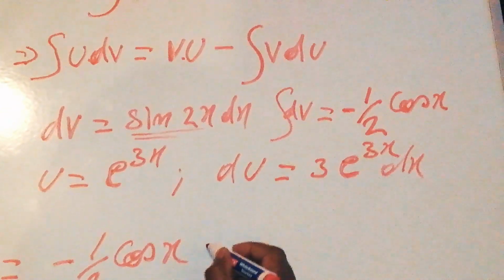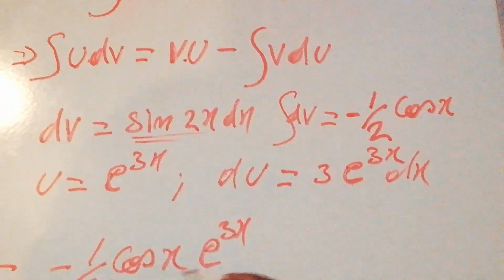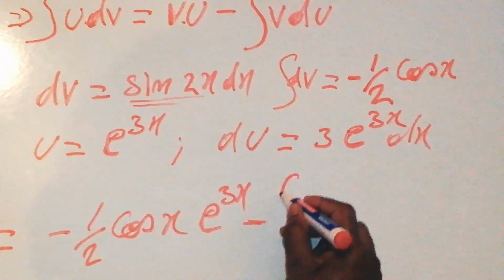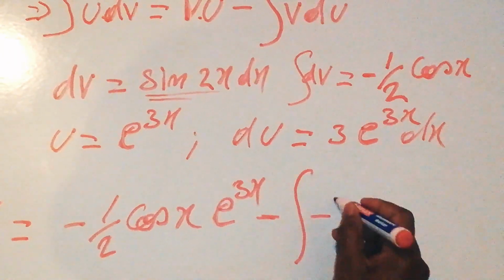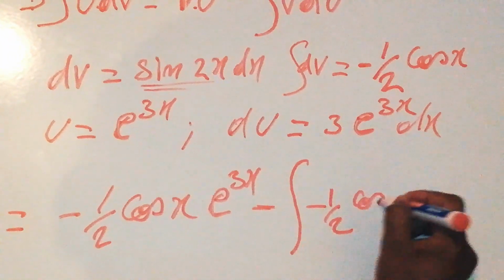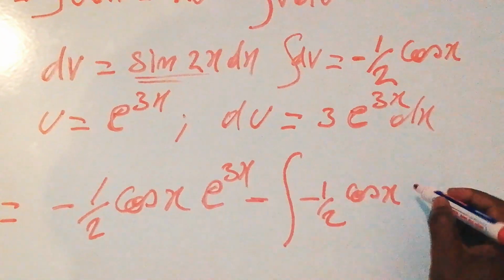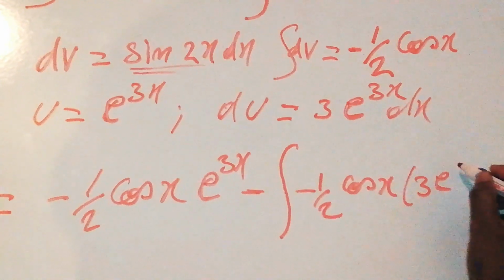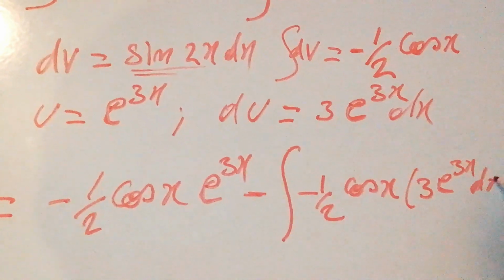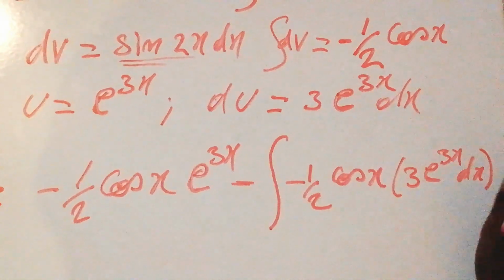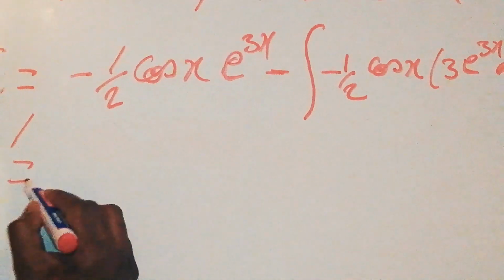U is e exponent 3x, minus now v, which is the same, 1 over 2 cos 2x, du. Du is 3 e exponent 3x dx. That way. So now I go further.